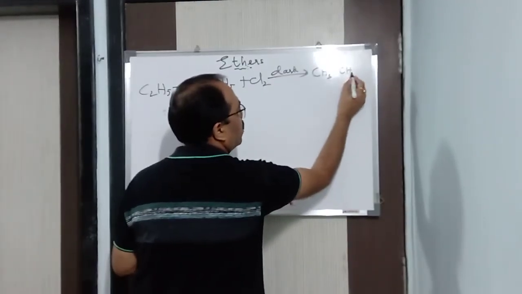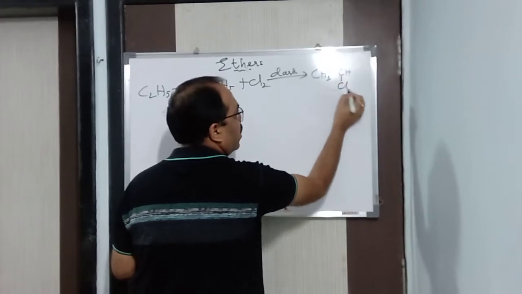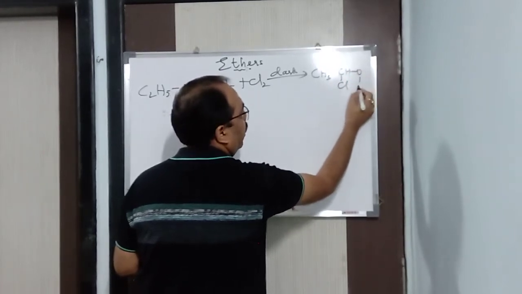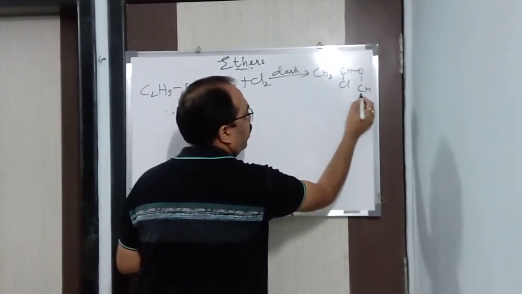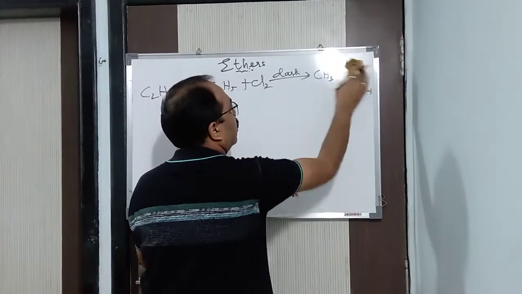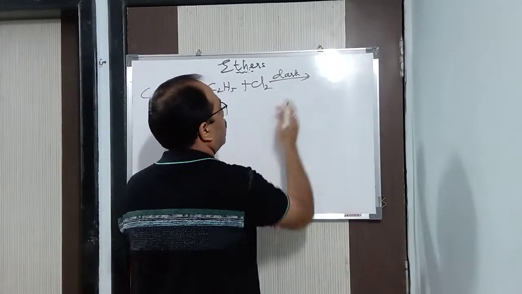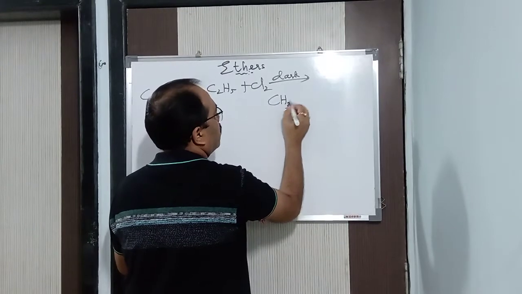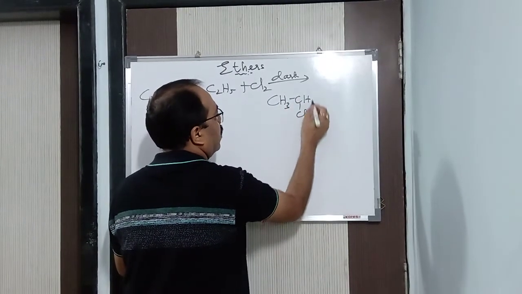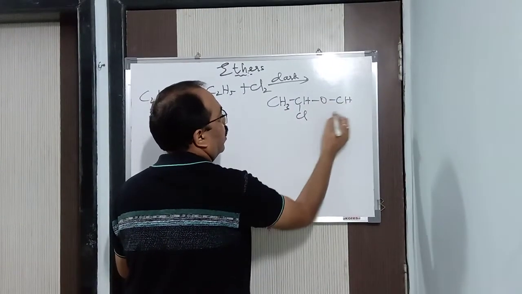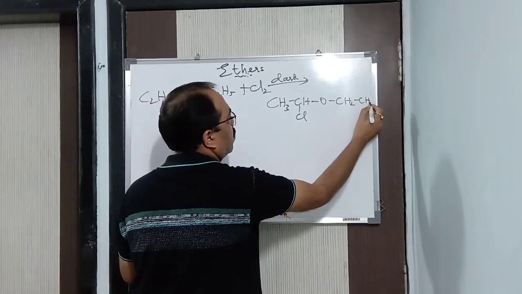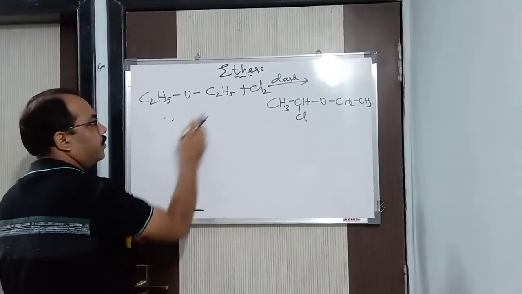Then CH2 is there, one H is replaced by Cl. I don't have the place, so let me write the product here: CH3, CHCl, O, then another CH2, then CH3. See, clear?